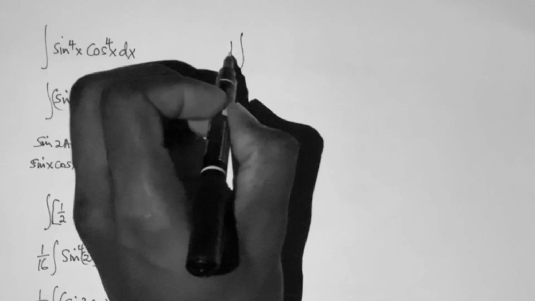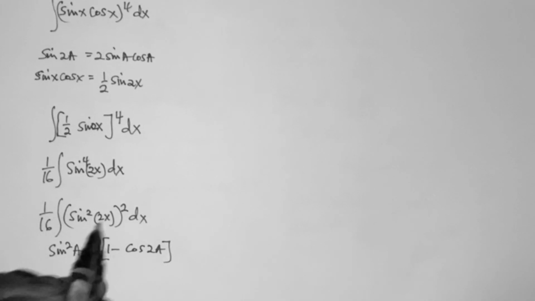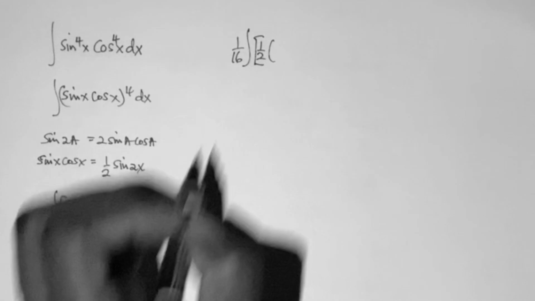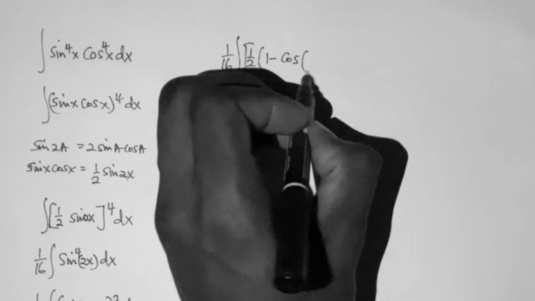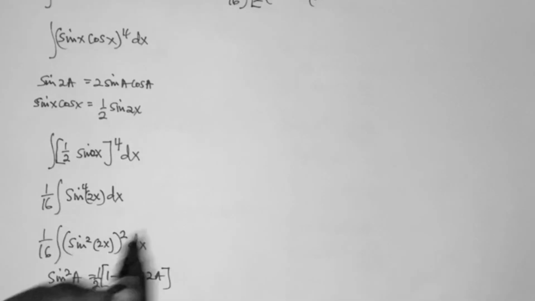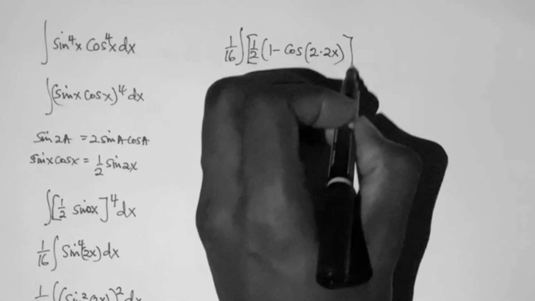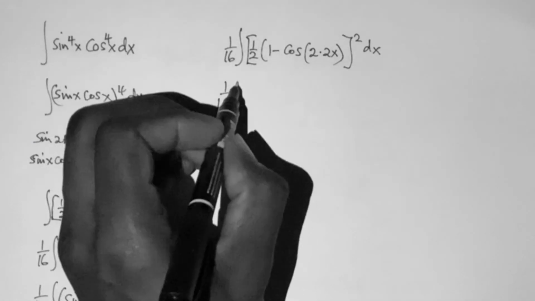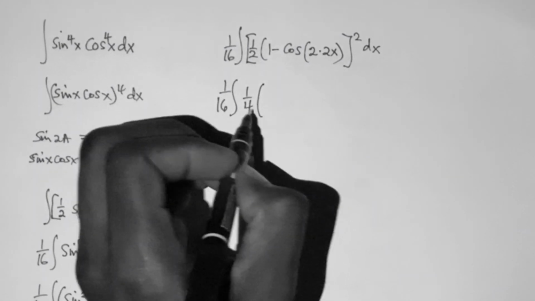So there is 1 over 16 here, then into bracket, sine squared 2x is half of, so let me put half here into bracket, 1 minus cos 2 times a, and then a is 2x, so 2 times 2x, then all of this squared dx. So this is equal to 1 over 16 integral of 1 over 4 and times.